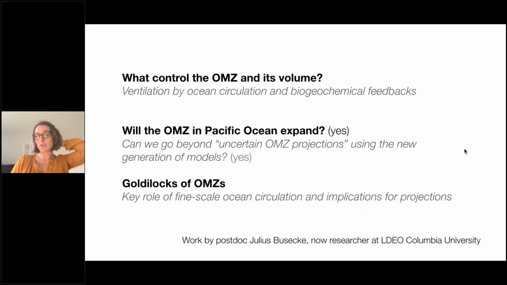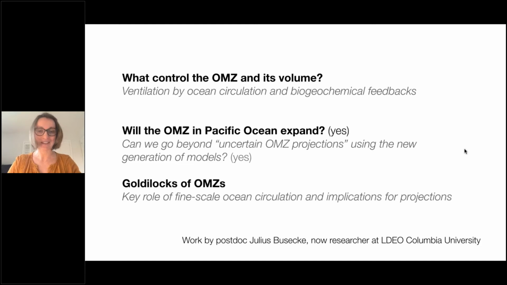So what I'm going to focus on today is what controls the OMZs and their volume. I'm going to talk about ventilation by the ocean circulation and those biogeochemical feedbacks. I will then give an example of the Pacific Ocean, and ask: can we go beyond that message that the OMZ projections are uncertain, using that new generation of models?